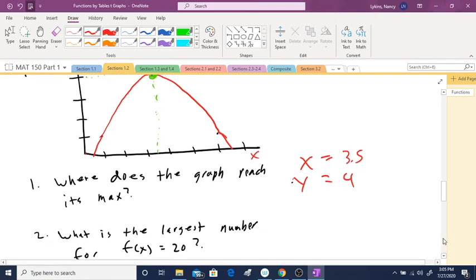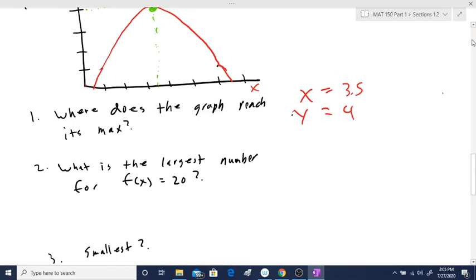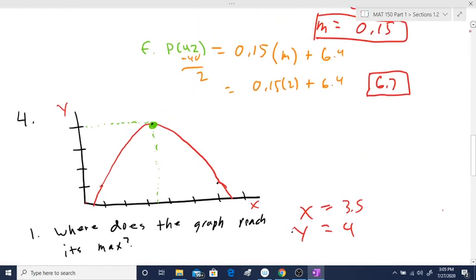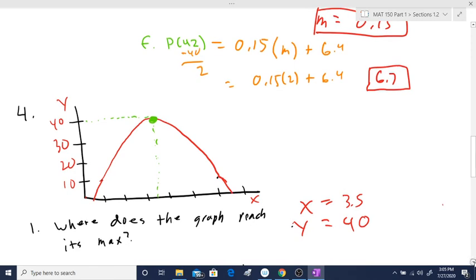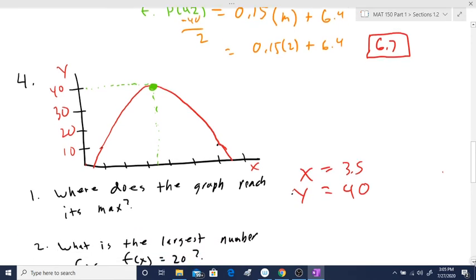Or, in other words, maybe I did 10, 20, 30, and 40 instead. So it'd be 3.5 and 40. I'm going to use a little bit different than what I originally had.